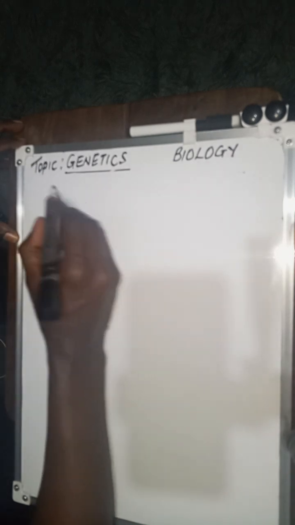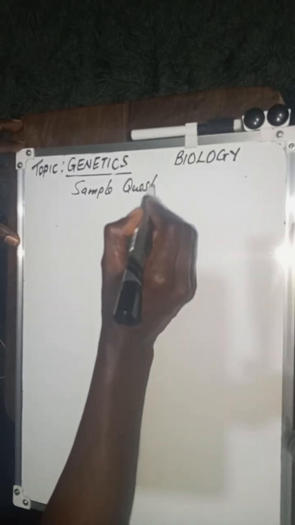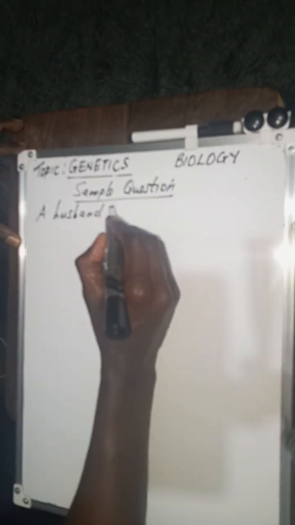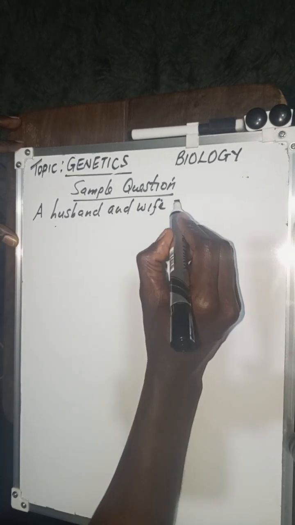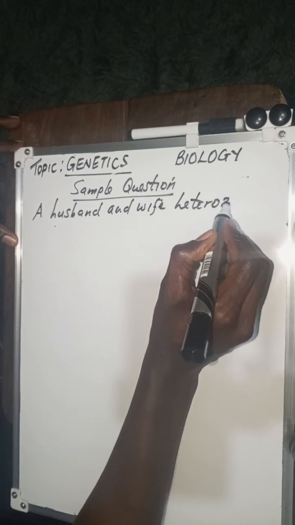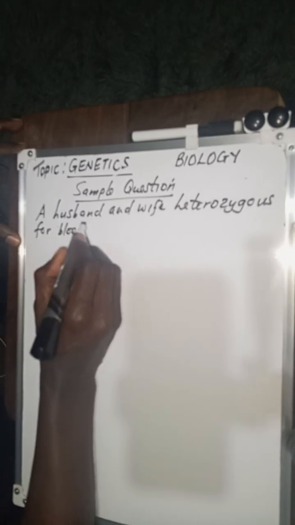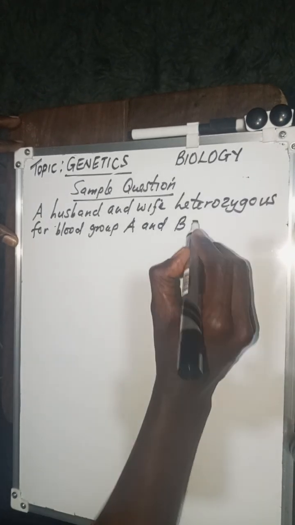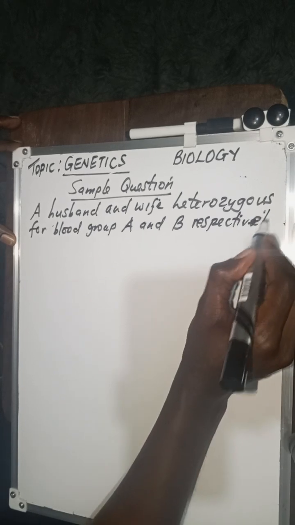So the question that we can simply put up there is an examination question, so I'll just say sample question. A husband and wife, heterozygous for blood group A and B respectively.